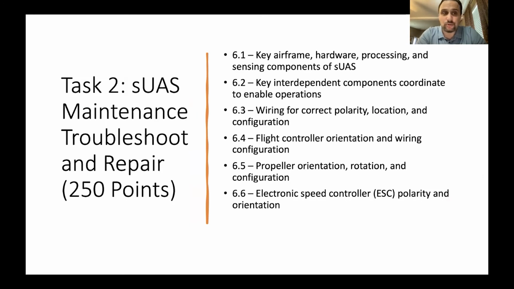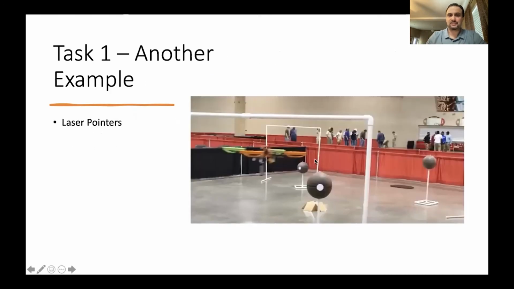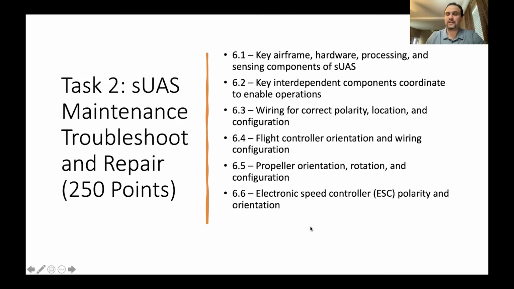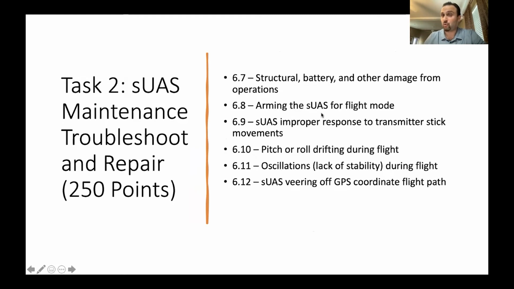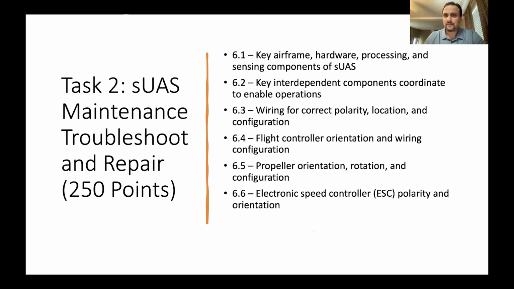So task number 2, maintenance and troubleshooting. We talked about that with standard 6 a little while ago. They have to maintain and troubleshoot a drone. I just listed what they have to maintain here. Wiring for correct polarity: they have to make sure the wires are connected in the right spot. Are they wired correctly, with the correct positives and negatives?